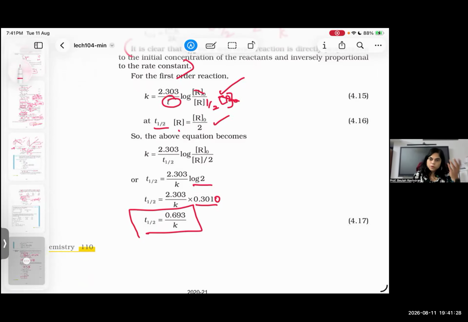Whether you start with 10 mole or 100 mole, it takes the exact same time to reach half. Interesting, right? You'll definitely be asked a question from this half-life period. Since the half-life of a first order reaction doesn't depend upon the initial concentration, for 10 mole or 100 mole of concentration, it takes the exact same time to reach half.